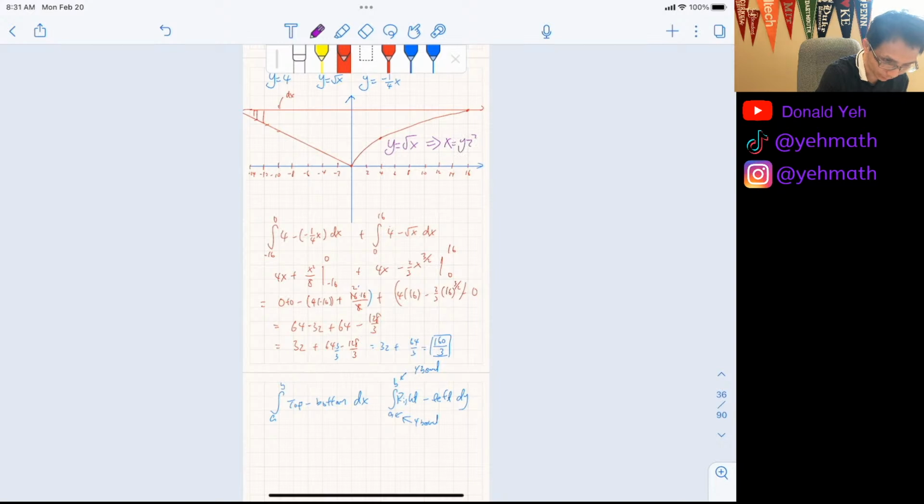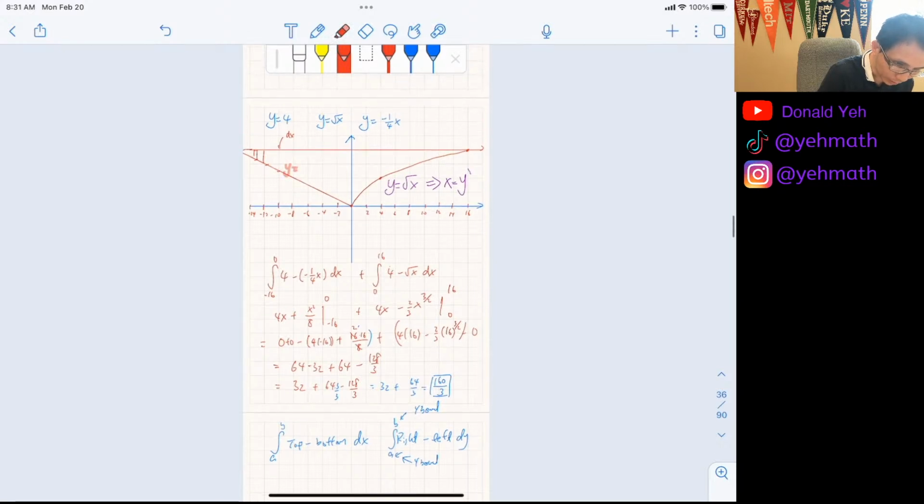Is that okay? So that becomes the right part of the graph. And how about this part here? We have y equal to negative 1 over 4 x. And I want to change this to x equal to. How do I change this to x equal to?